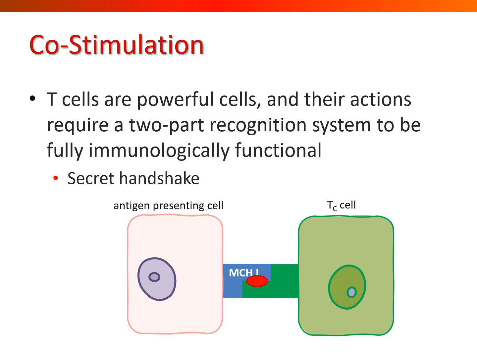So there's this additional little area here on our presenting cell that the T cell has to kind of do this underhanded handshake to recognize that as well. And when that happens, then our cytotoxic T cell will be fully activated and can go off and do its little immunological function, whatever that is.